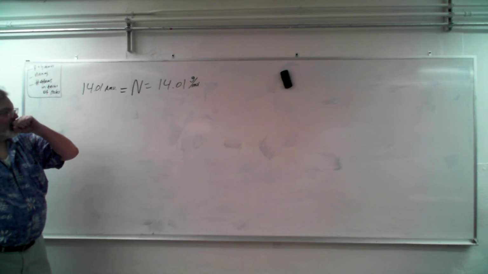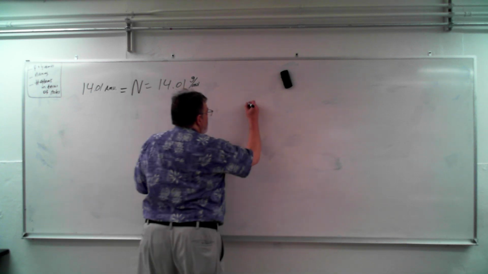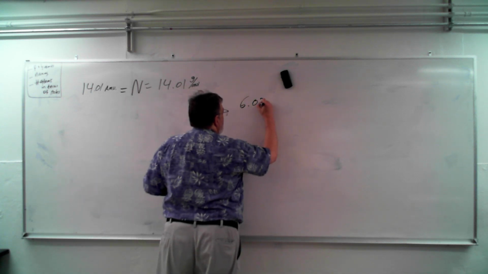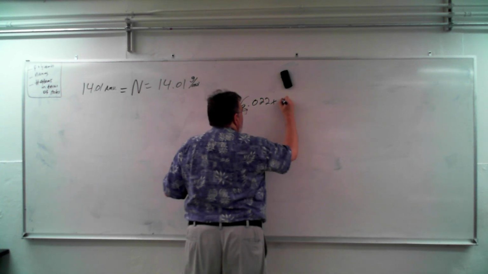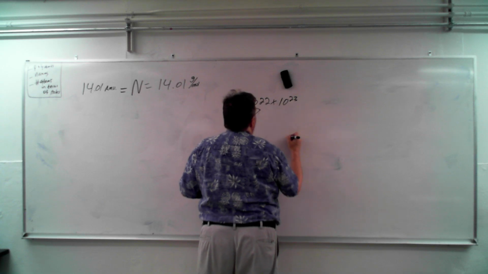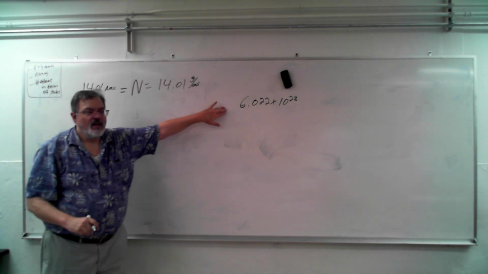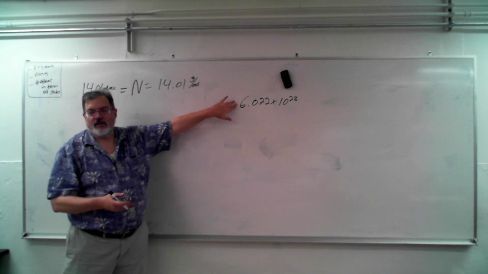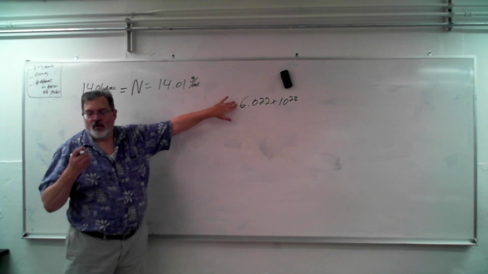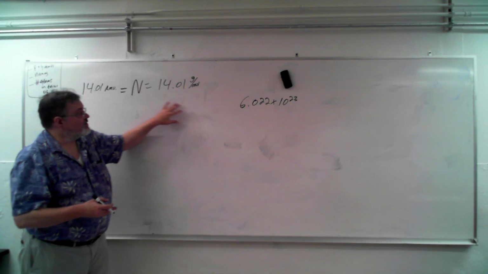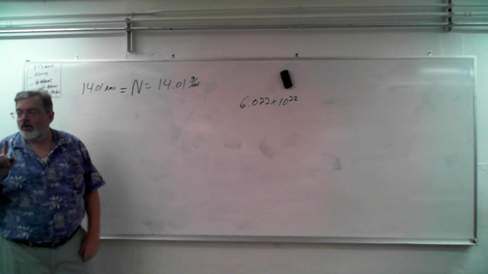But grams per mole, meaning if you have 6.022 times 10 to the 23rd, again, that's an integer. If you have that many things, whether it's grains of sand or stars or nitrogen atoms, that's 1 mole.